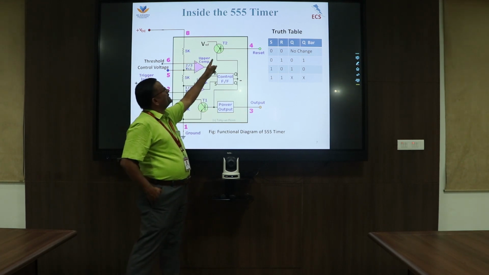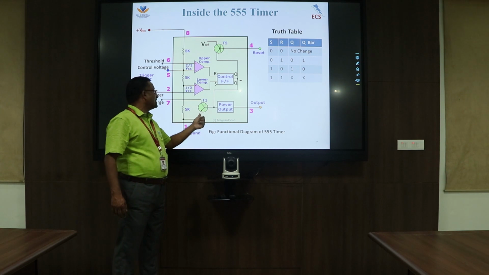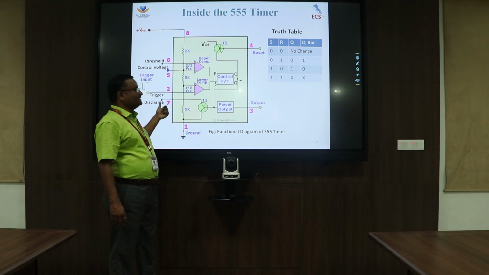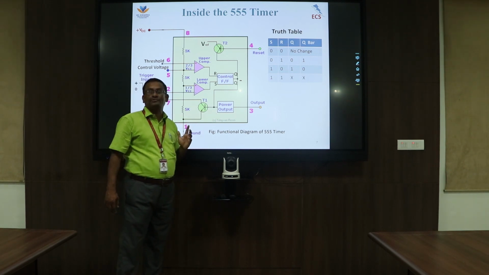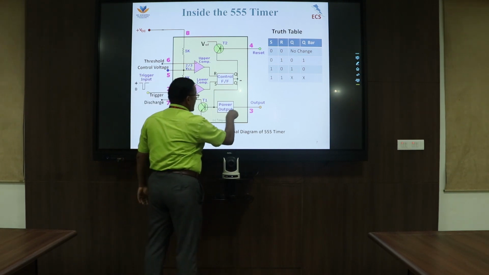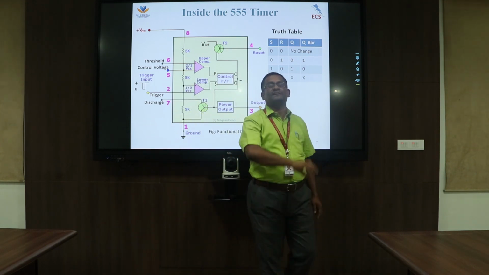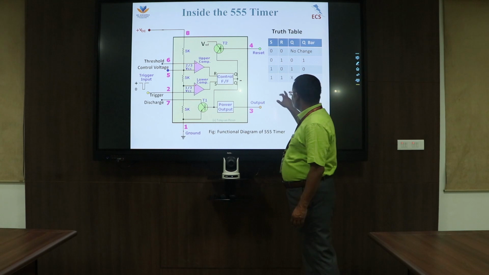This PNP transistor has been connected with the reset, and this NPN transistor has been connected with the discharge. This is a simple power output which is connected with the amplifier. So finally the output has been amplified by the power output, and we are going to get the on and off state of the IC555 timer in the form of a square wave.